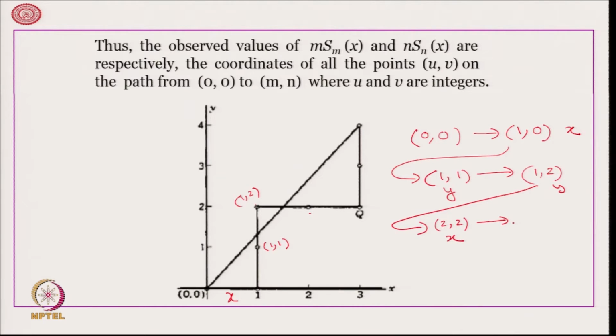From 2 2 we go to 3 2, because we got another x, and from 3 2 we go to 3 3, because we got a y, and from there we come to 3 4, because of another y. So, that is the description of the path corresponding to this diagram.